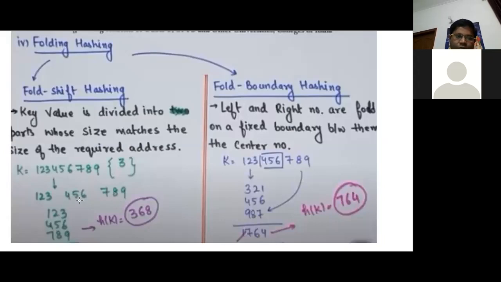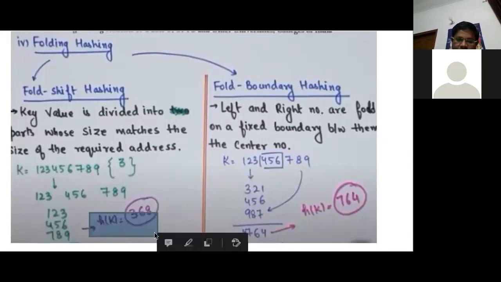After that, you have to add these 3 parts, and since the sum is 1368, we have to discard the leftmost digit since the key size is 3. So the result that we are getting is 368. So H(K) equal to 368 means that after applying the hash function using fold shift hashing, the result we are getting is 368. So this is fold shift hashing.